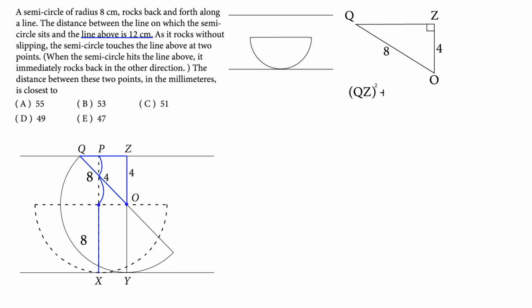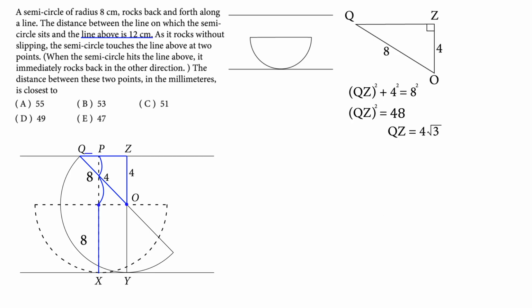QZ squared added to 4 squared is equal to 8 squared. And therefore, QZ squared is going to be 64 minus 16, which is 48. And therefore, QZ is root 48, or 4 root 3. So that takes care of QZ.